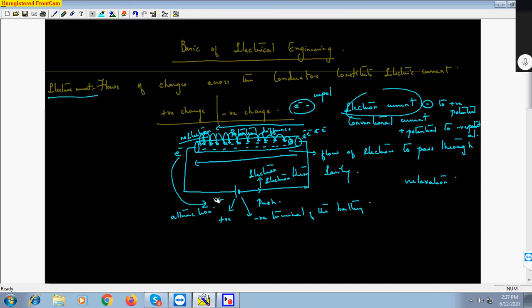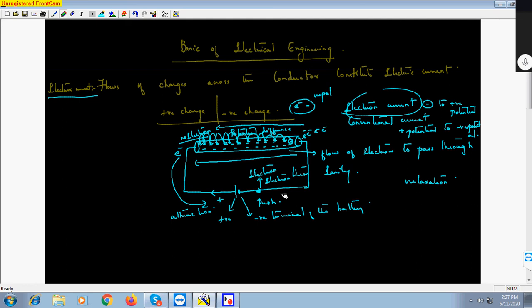But usually we take what the convention says, that current flows from positive potential to negative potential. We are concerned with the closing of the circuit, not the opening of the circuit. Closed circuit means flow of electrons, open circuit means no flow of electrons.